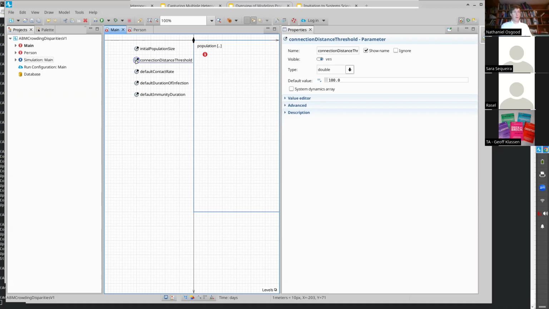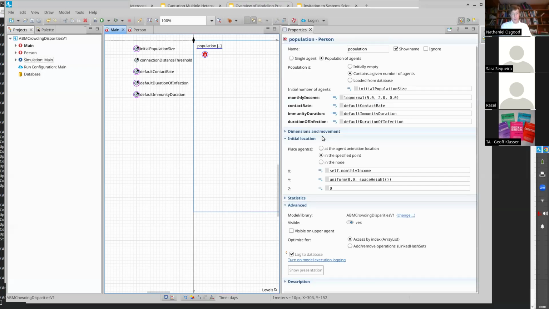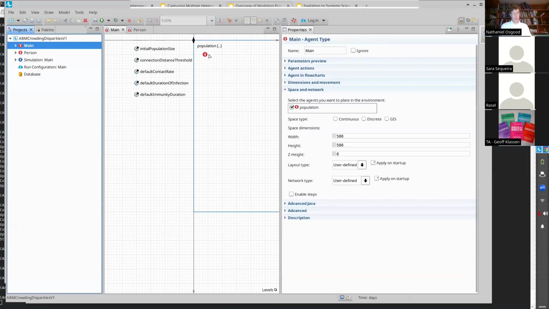So here, we're going to go to that population, and we're going to go down to an area. We're going to go to Maine, not that population. You do things at a population level, but we're going to be going to Maine. We'll go down to space and network in Maine. Okay, this area which we have not yet used.